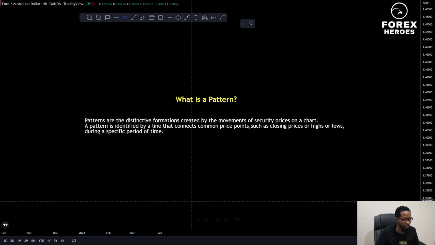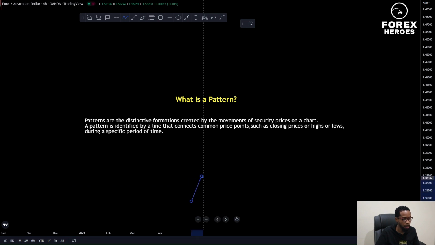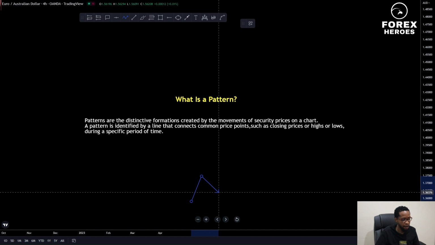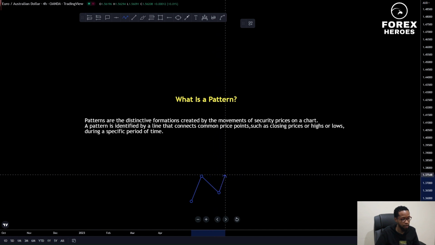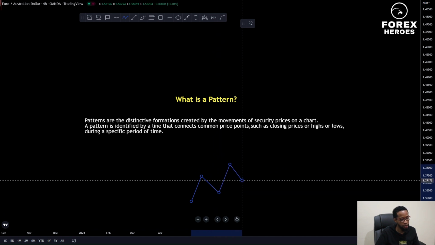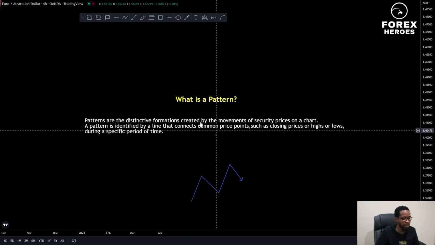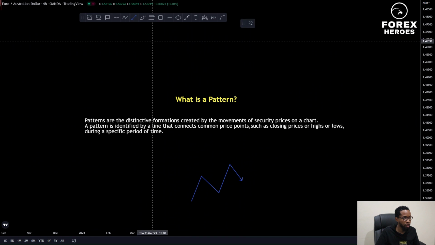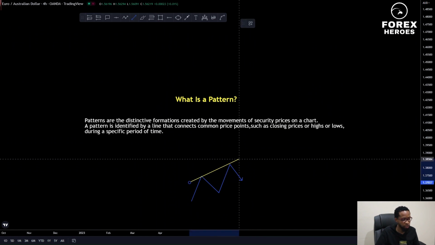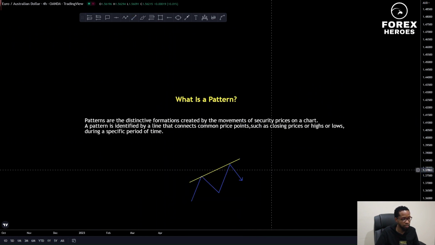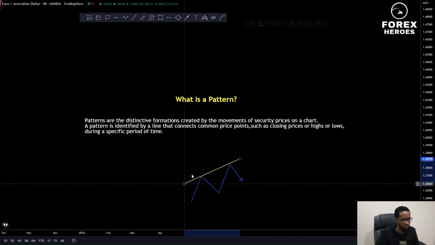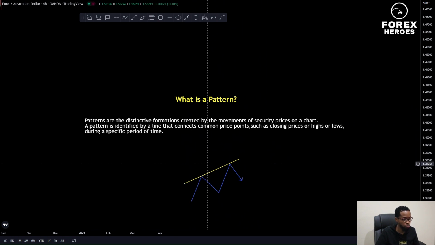So you do understand that if you are having 2 points, let's say the market is moving in this manner: high, higher, low, higher, low. It simply means that the minimum number of points where you can draw your chart pattern is 2 points. As you can see here, I have 2 points.